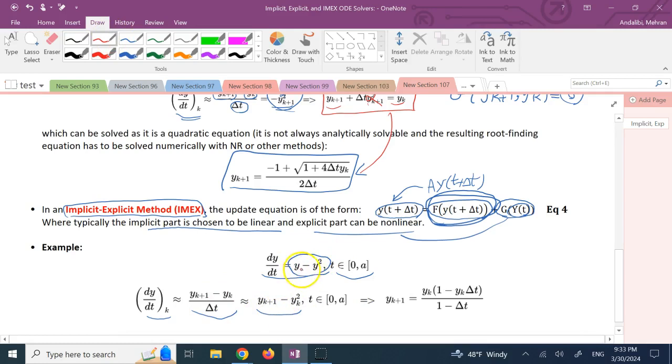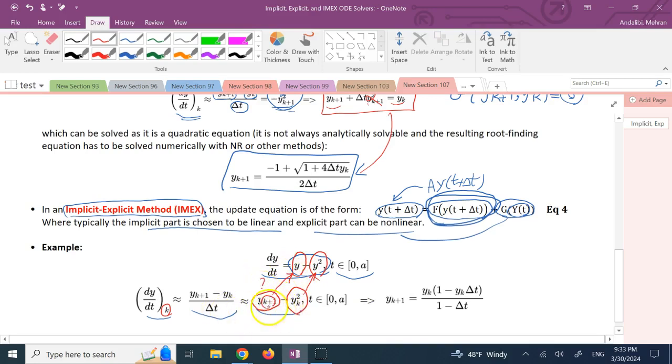Instead of calculating both of these y's at the current k, we use the linear portion for the implicit part, and the nonlinear portion for the explicit part. For the nonlinear part, we apply the current iteration value, but for the linear part, we use the next value, which is the unknown.